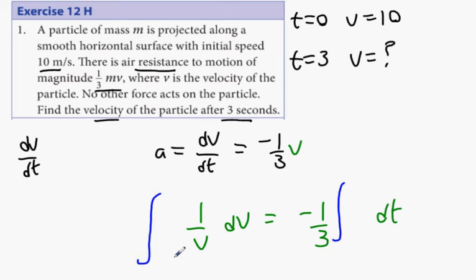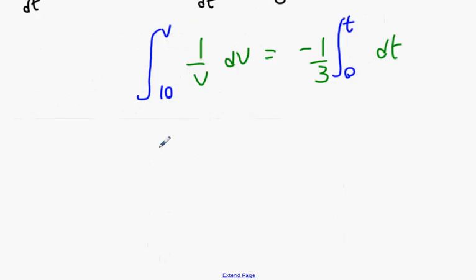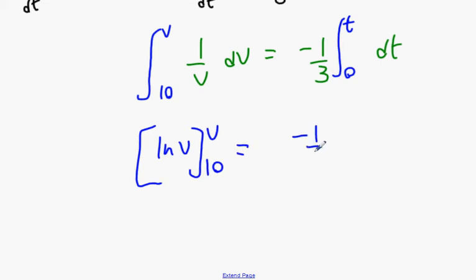You can do it as 10 and v on the left, and 0 and t on the right. You're allowed to put that down as a 3 and get the answer directly if you want. Or just put it down as a t, and then at the end of the question sub in 3. That's also okay. Integrate. ln v from v to 10 equals minus 1/3 t from t to 0.